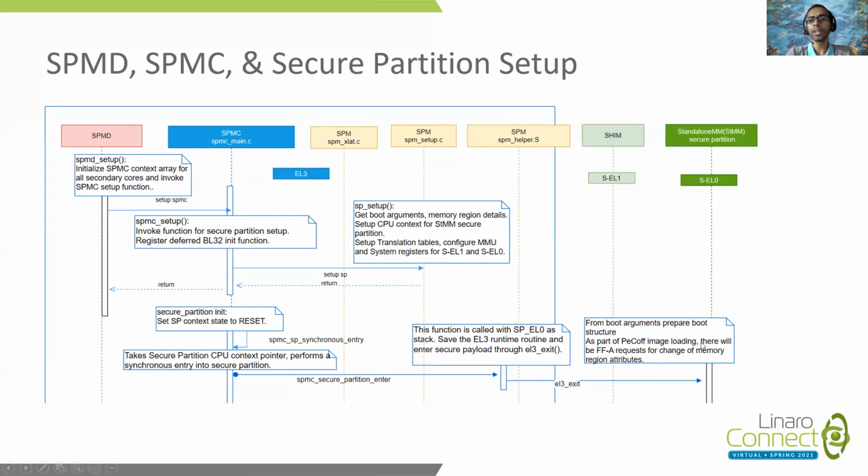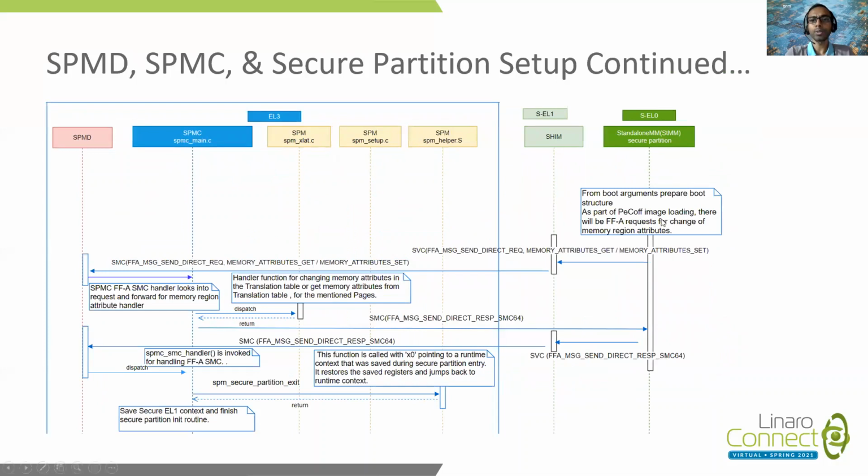So here the StandaloneMM init routine will be starting, and as the first step, the boot arguments will be parsed, and it will fetch the boot structure out of that. And as part of the image load, it will have a requirement of getting or changing the memory region attributes at boot time.